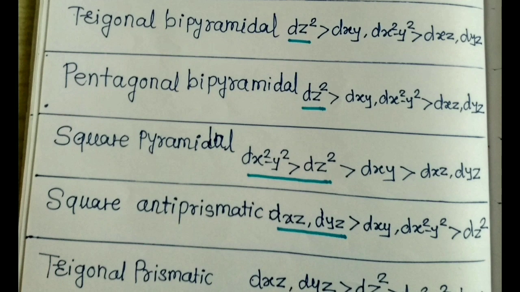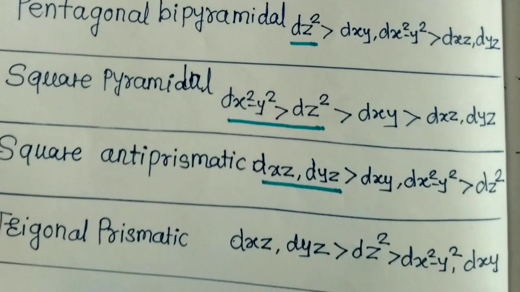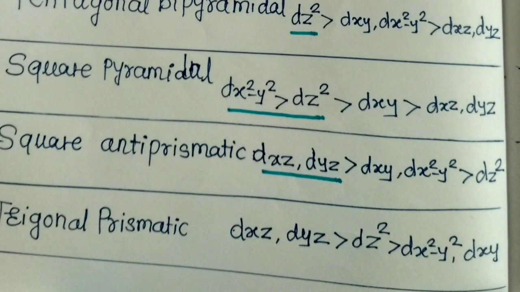The next are dxy and dx square minus y square, both at the same energy level but below dxz and dyz. And last is dz square. In square antiprismatic geometry, dz square has the lowest energy and it is the stable orbital.